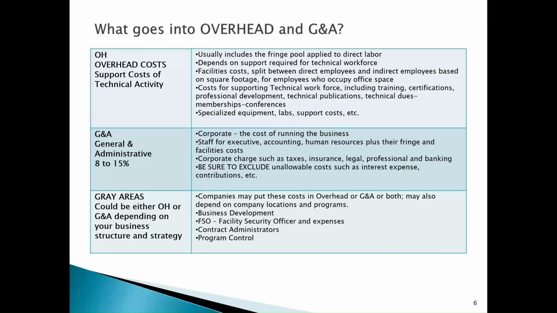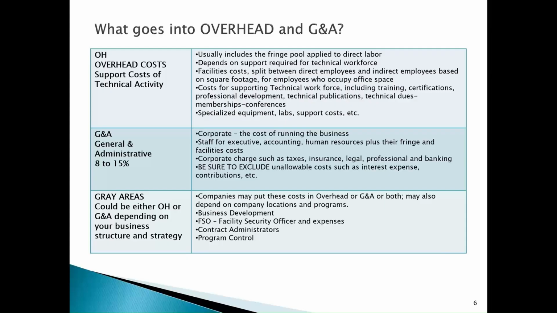Once that's like a part-time or full-time job, you might want to put it in overhead because it's really a cost of performing on the contract, but you can't charge it as direct to the contract because that FSO supports a bunch of contracts.